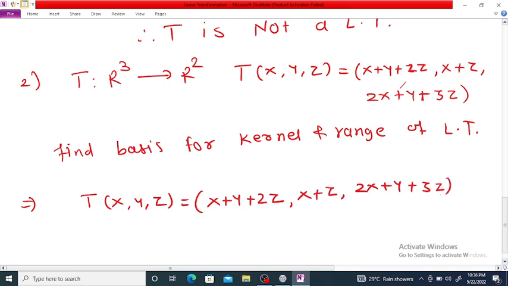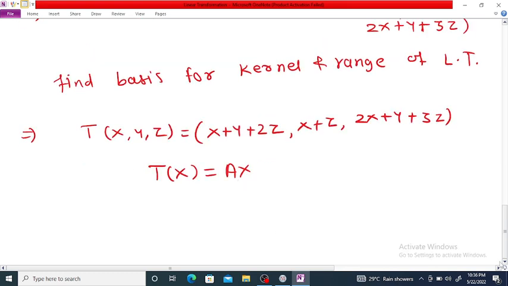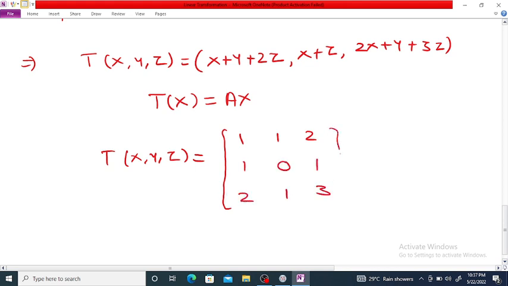First we want to write this linear transformation as T of x equal to A x in matrix form. So if we write this in matrix form, we get T of x, y, z equal to the matrix 1 1 2, 1 0 1, 2 1 3, into x, y, z.